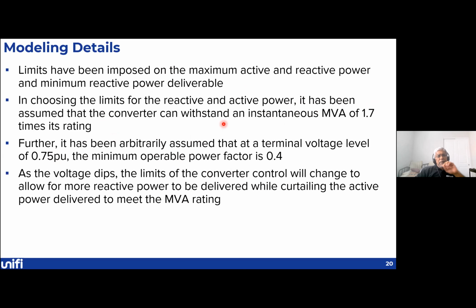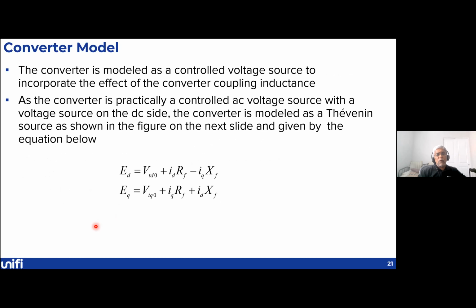Further, we arbitrarily assumed that at a terminal voltage level of 0.75 per unit, the minimum operable power factor is about 0.4. And this is from some practical examination that we did. And as the voltage dips, the limit of the converter control will change to allow for more reactive power to be delivered while curtailing the active power. So this was like a full 4-quadrant inverter. That's how we represent it.